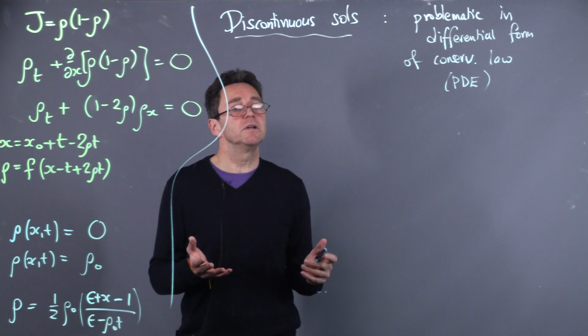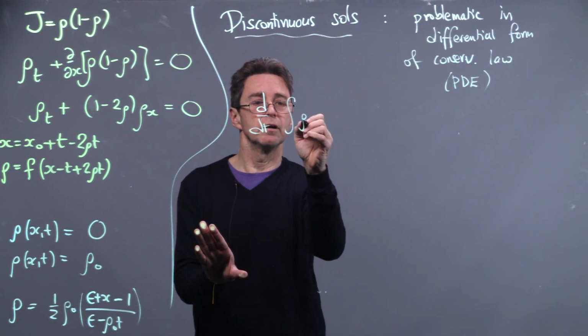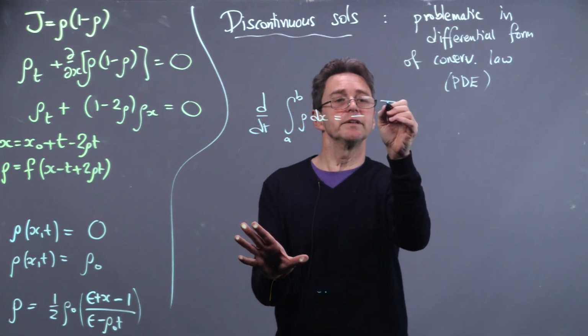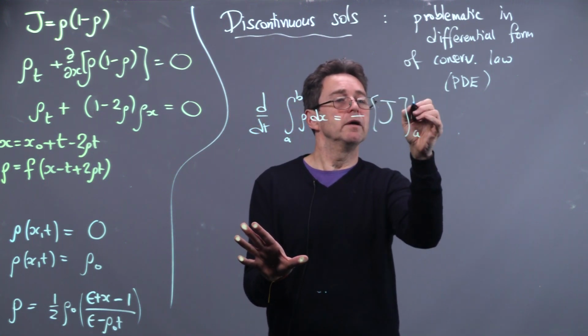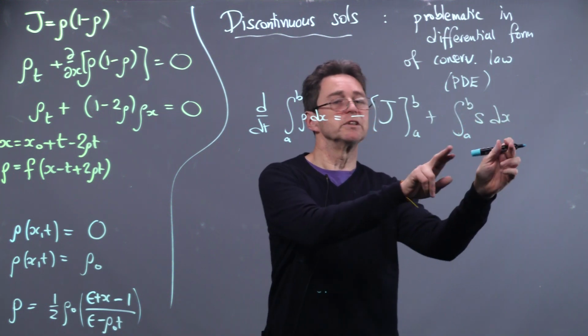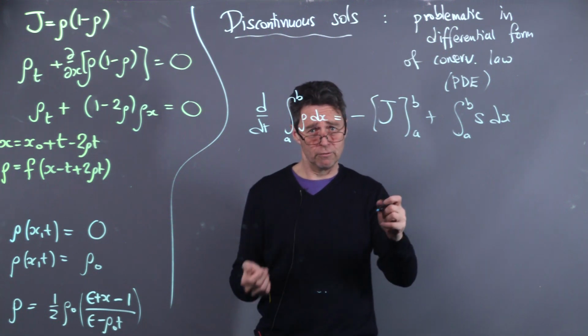But what about the integral form? Well, what's the integral form? It was d by dt of the integral of rho from a to b dx. That equaled minus the flux between a and b plus the source term. For the physical model, we don't have that, but we may as well keep it along for the ride. So that's our integral form.